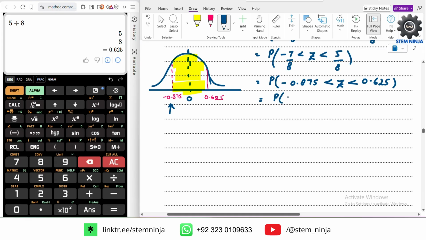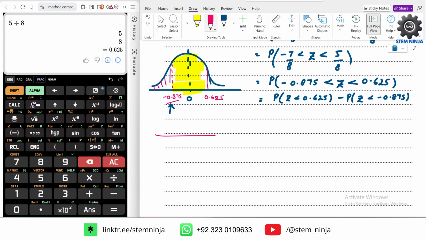So we can split it first. So z less than 0.625 minus probability of z less than minus 0.875. But we can't do that either because we don't have access to this area, because we can't figure out this number.